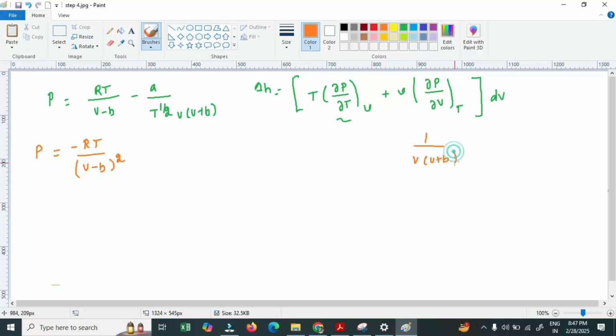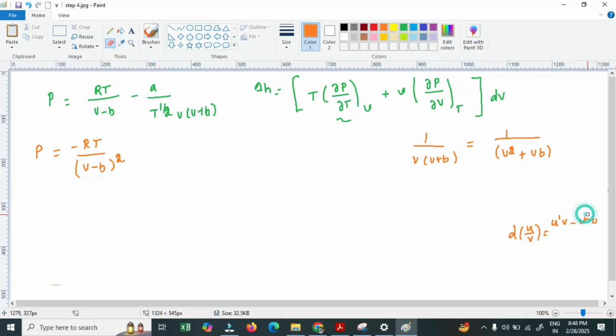Okay, and apply the U by V method. I'll be writing the formula for your reference. If you want to differentiate U by V, the differential of U by V is U dash V minus V dash U, divided by V square.